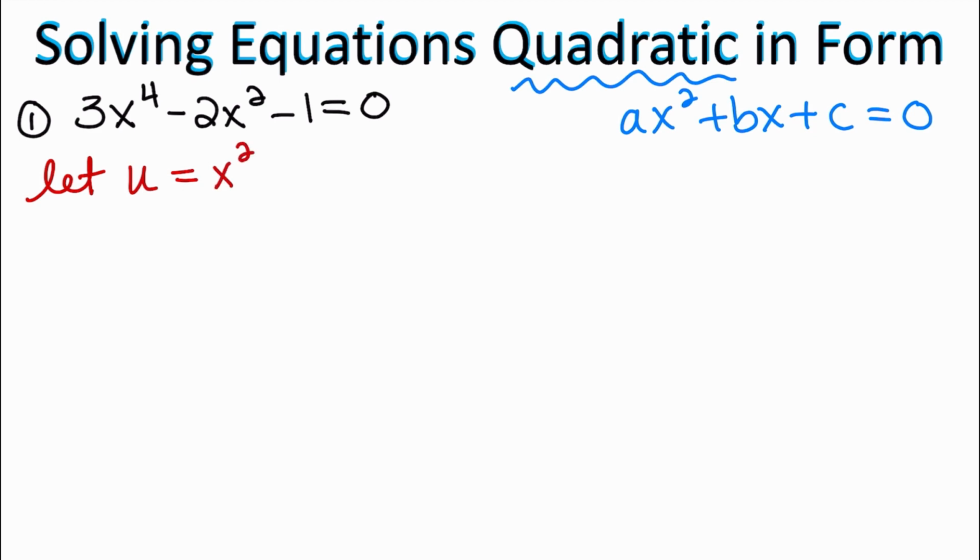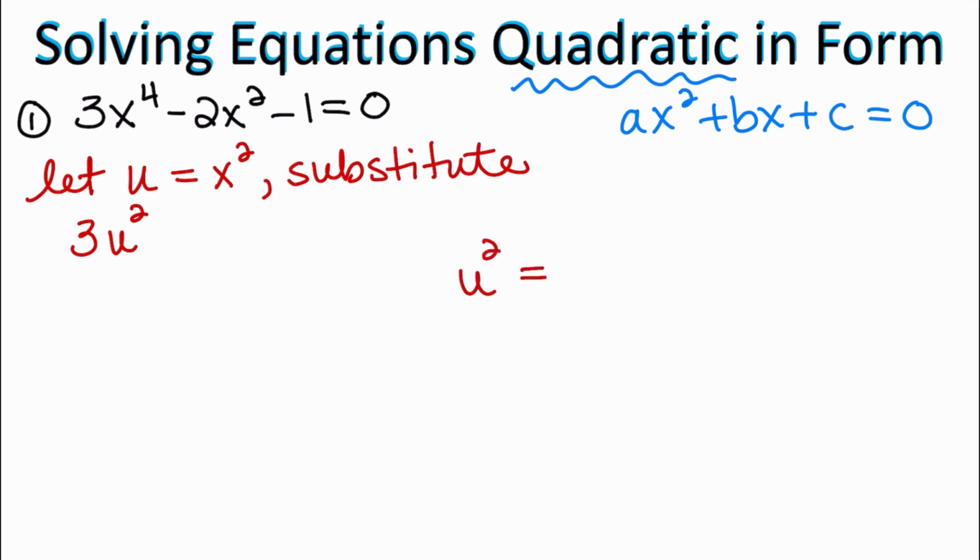By letting u equal x squared, we are now going to substitute this into the equation in front of us. So the 3x to the fourth becomes 3u squared because u squared means x squared squared, which is x to the fourth.